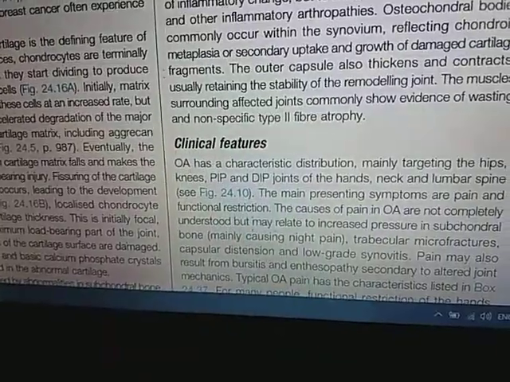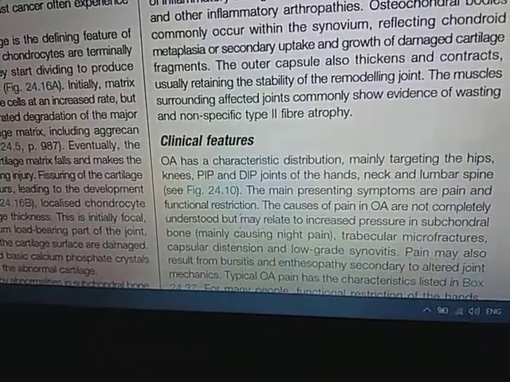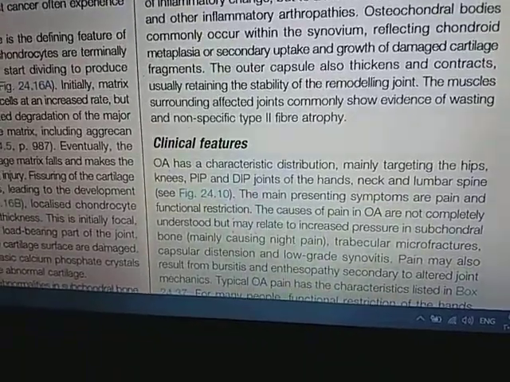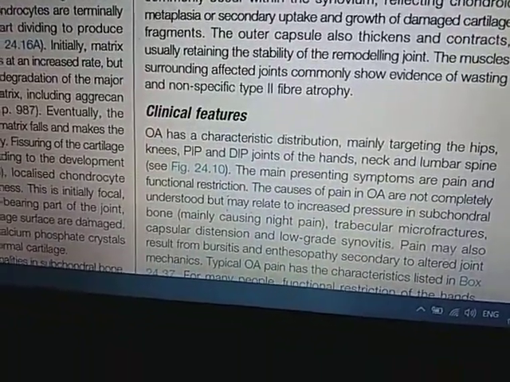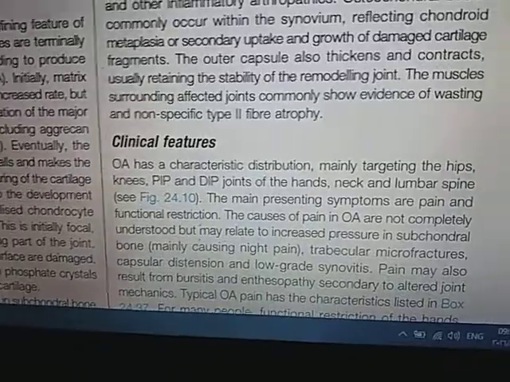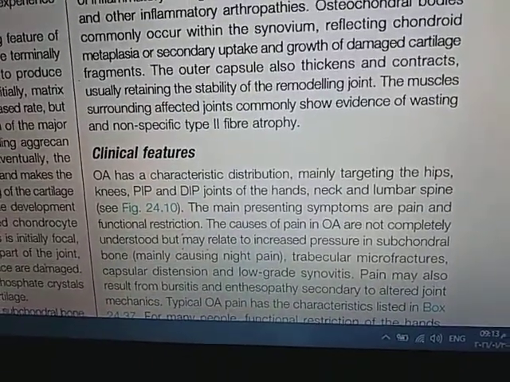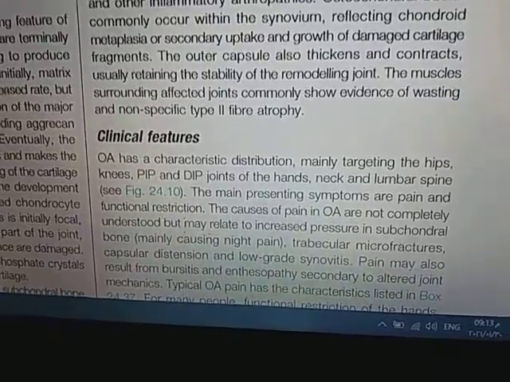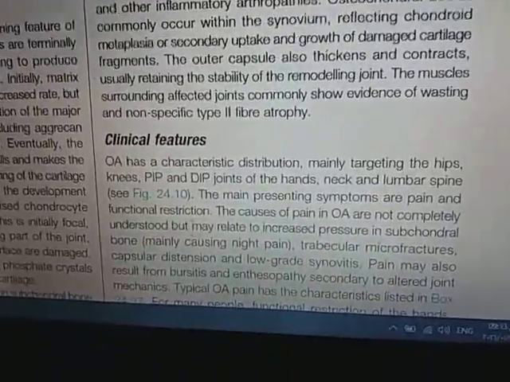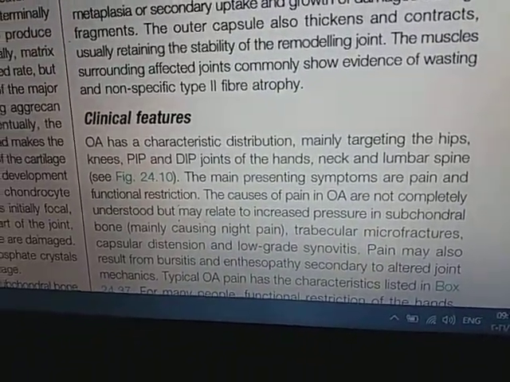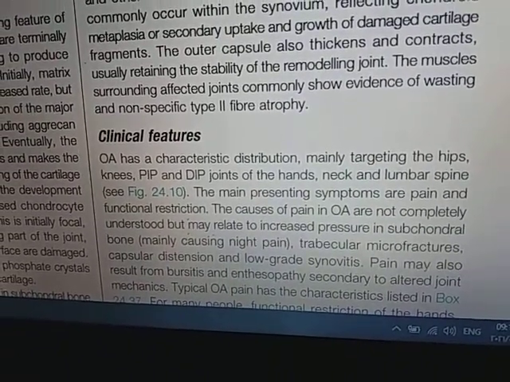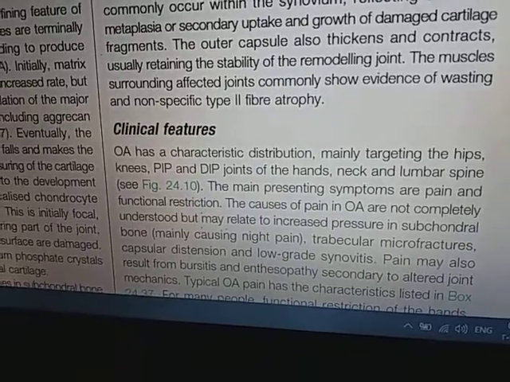It mainly targets the hips, knees, proximal interphalangeal and distal interphalangeal joints of the hands, and the first carpometacarpal joint at the base of the thumb, and the cervical and lumbar spine. The main presenting symptoms are pain and functional restriction.